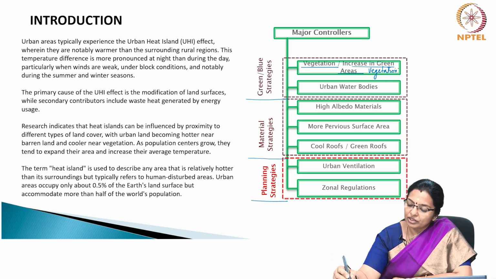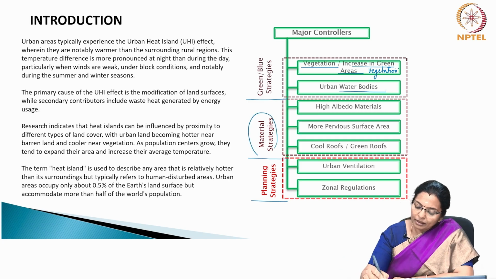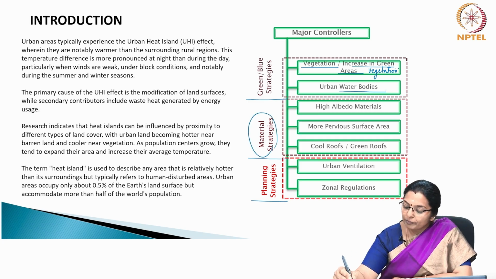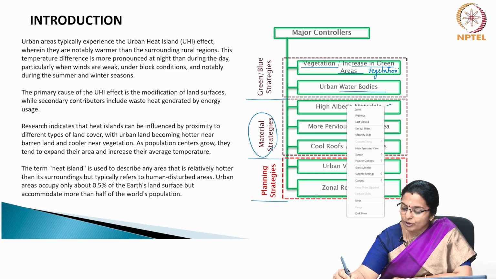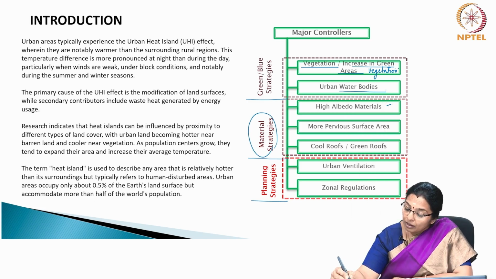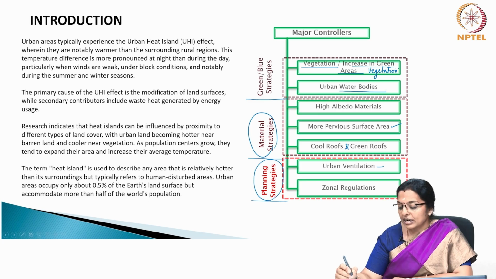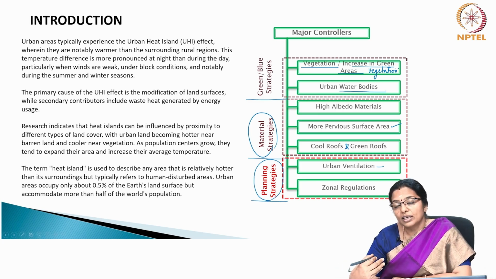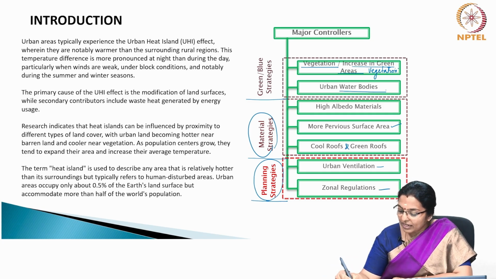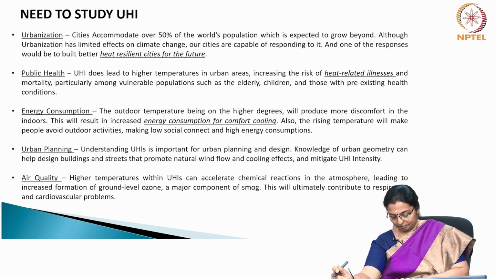Blue infrastructure pertains to water bodies. Building material strategies include high use of high albedo building materials, more pervious surface area, and cool roofs and green roofs. Planning strategies include urban ventilation, as a need for the wind to sweep away the heat, and zonal regulations.